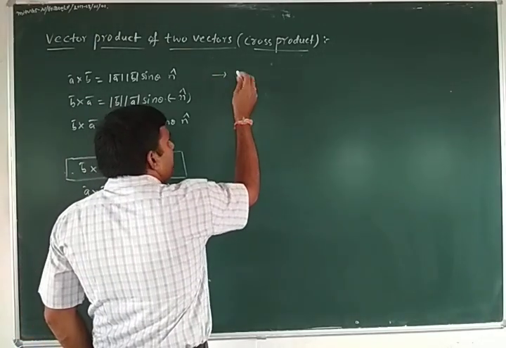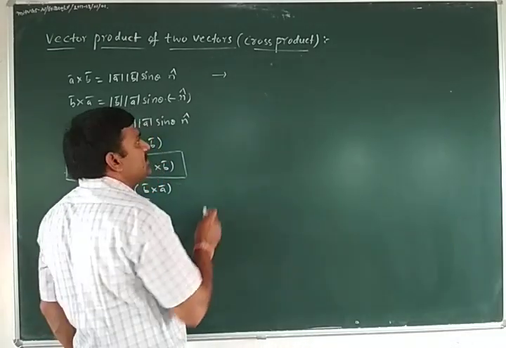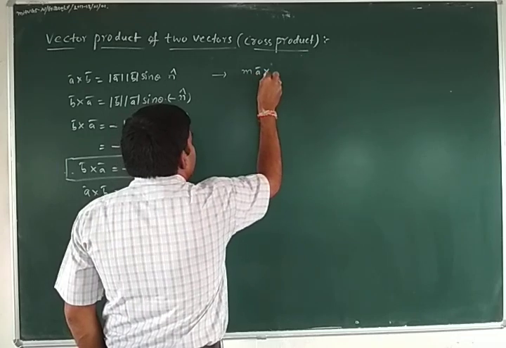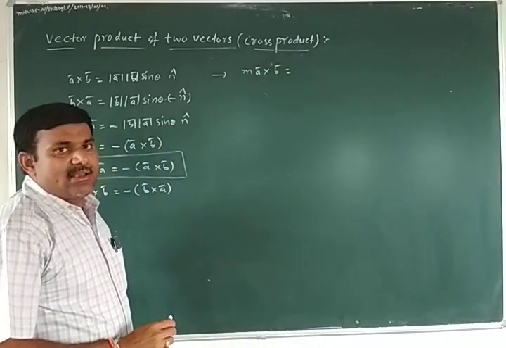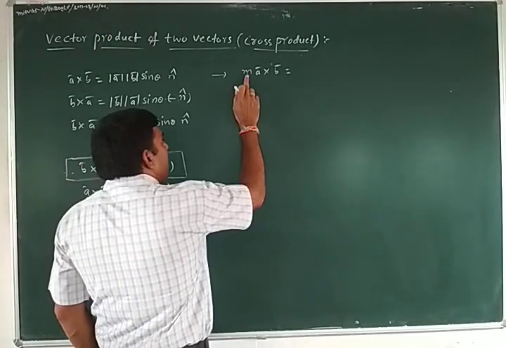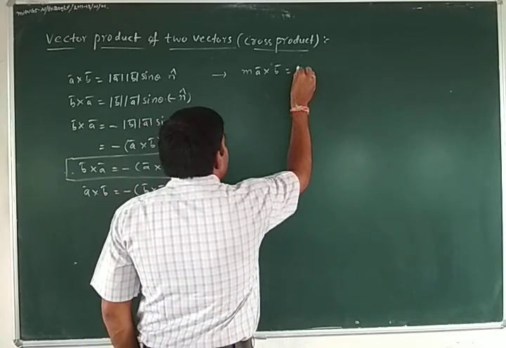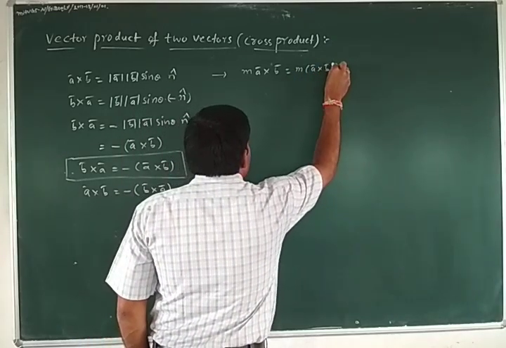See, a bar and b bar are two vectors in space. Then m a bar cross b bar, where m is a scalar, can be written as m into a bar cross b bar.